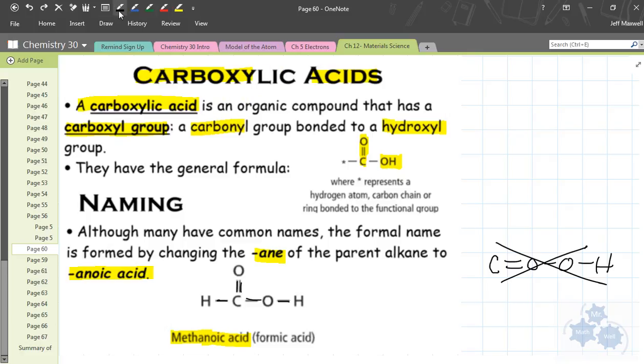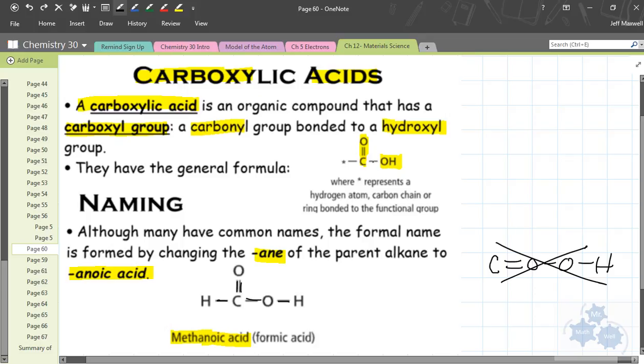We want to note a couple things in the structure of the formula. Again, this is a carbonyl group and a hydroxyl group. Just a note over here that in the structural formula, the C is doubly bonded to an O, and then it's singly bonded to a different oxygen. So it's not drawn like this right here.